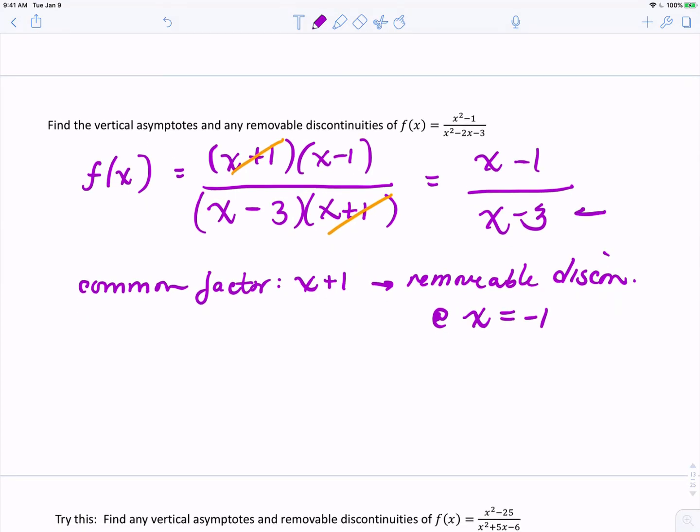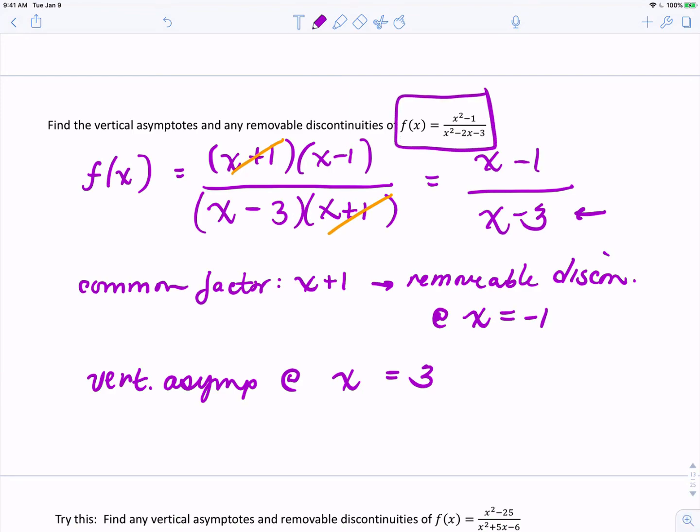Notice that this function is not defined when x is equal to 3. So that's our vertical asymptote. So we're going to have a vertical asymptote at the line x is equal to 3. And again, if you took some technology and graphed this, that's the behavior you would notice.